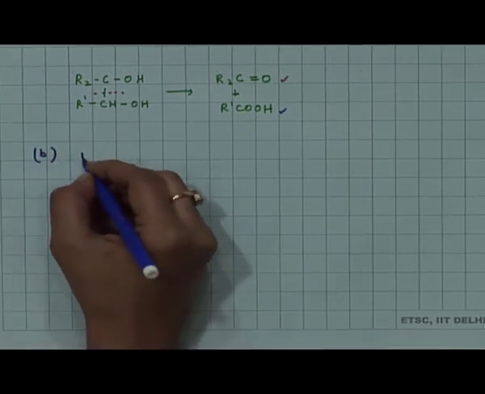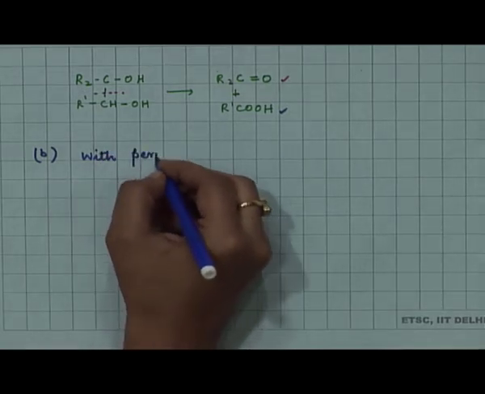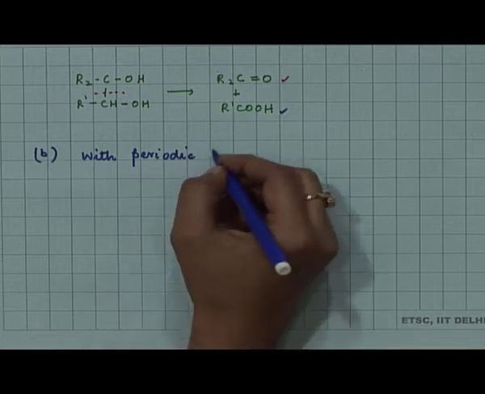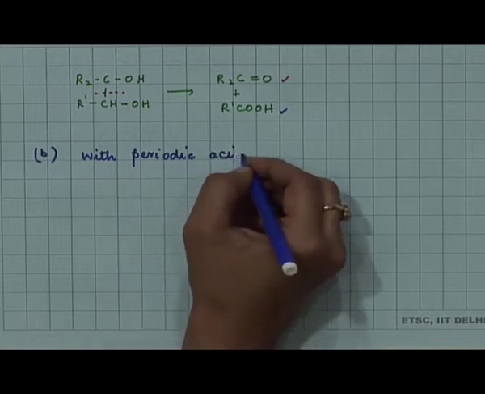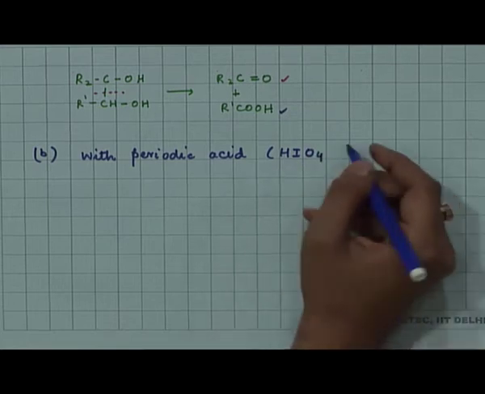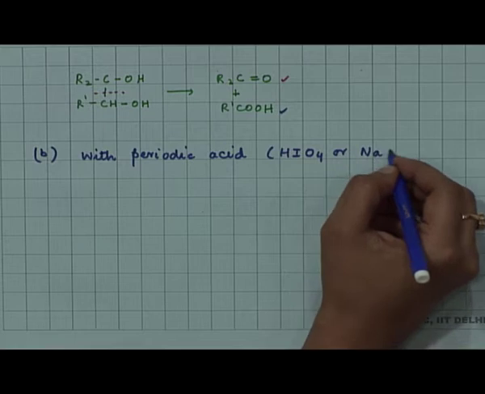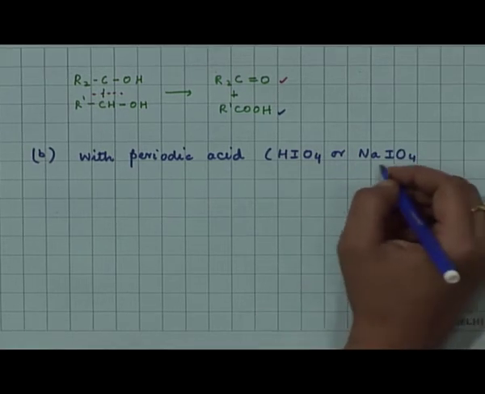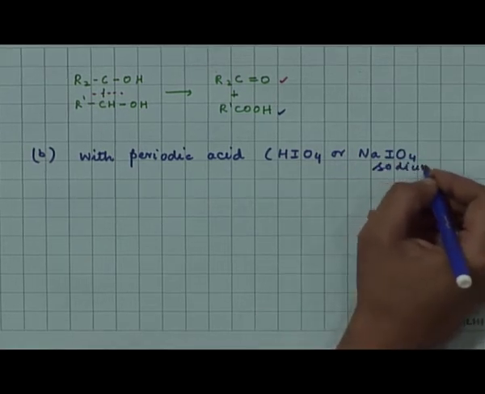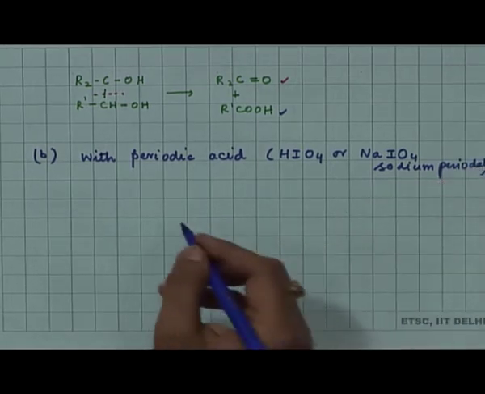Another reagent which is used for their oxidation is periodic acid. So, what happens when they are treated with periodic acid, which is represented by HIO4? Instead of periodic acid we can also use sodium periodate. In both cases the oxidation proceeds in the same manner.